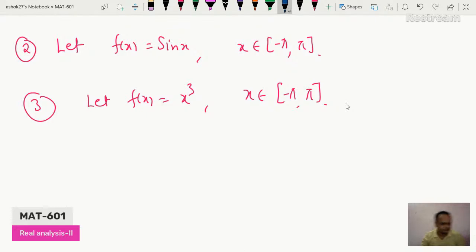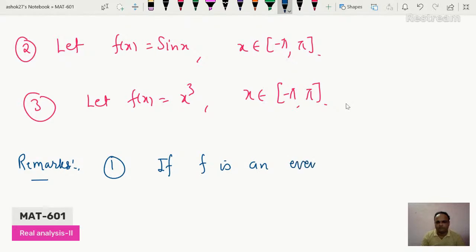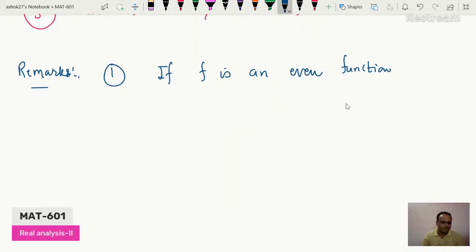Next I will write some remarks or results on these odd and even functions. The first remark, or note one: if f is an even function, then what is the integration from minus pi to pi of f(x)?